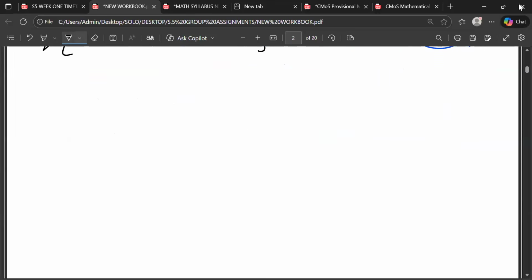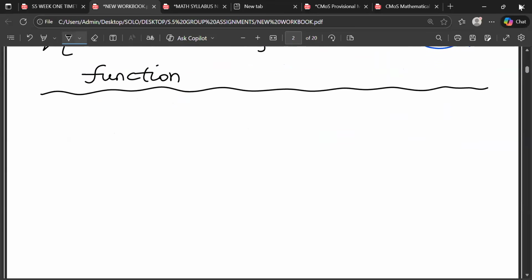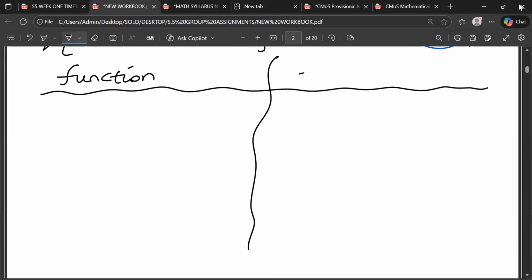So we are going to have our table and say that this is the function. The function, then this side we are going to have the derivative.